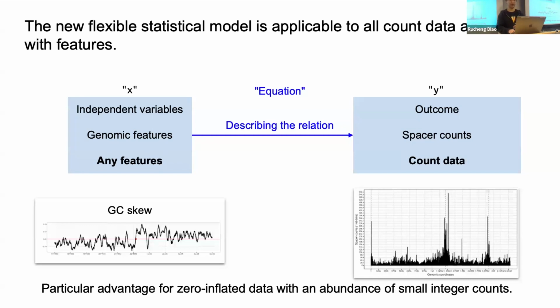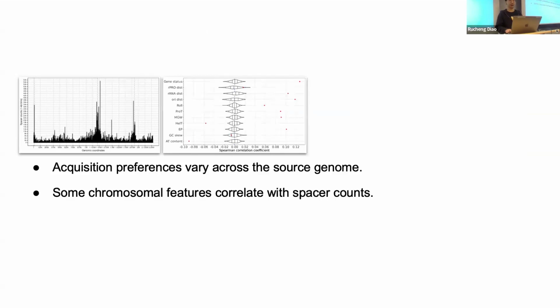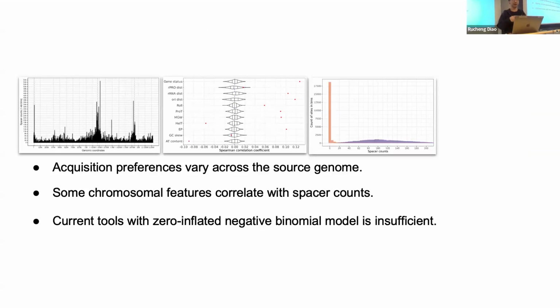statistical distribution. So with that, at this point, we started with the data where we want to check out the acquisition preference across the source genome, and we established some chromosomal features that correlated with the spacer counts. Those data led us to the tools that we use for the zero-inflated negative binomial model, and we found that it's insufficient for our purpose.